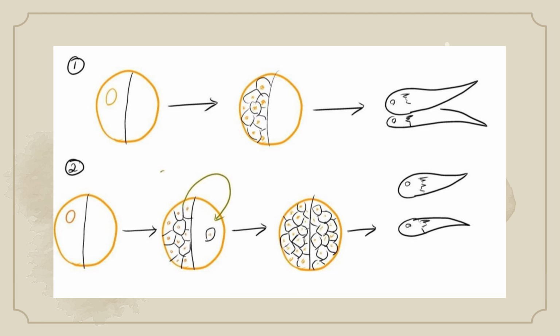So what did he do in the second case? He took a cell, he again tied a thin strand of hair, but he tied it very loosely. So the nucleus which is stuck at one end continues to divide and the blastomere from that one side moves on to the other side because he loosely tied the hair. As usual the stages occur on both sides of the egg, which results in the formation of two newts.